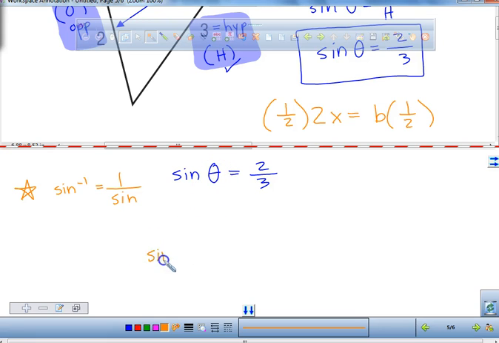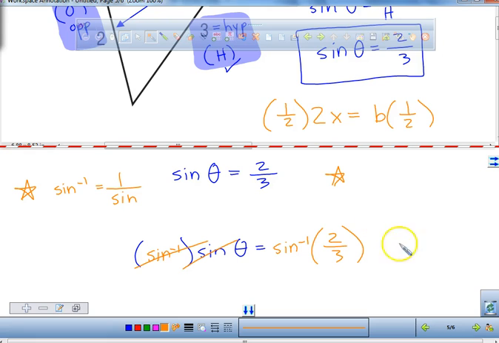You're going to have to take the inverse of sine on one side and you're going to have to take the inverse of sine on the other side. These now cancel out.